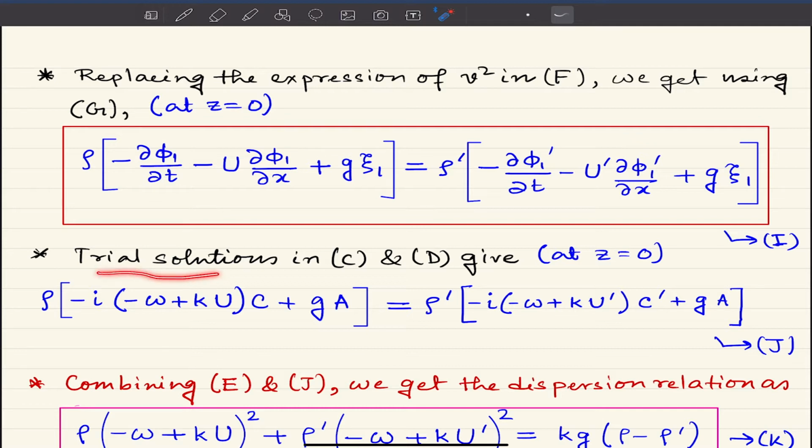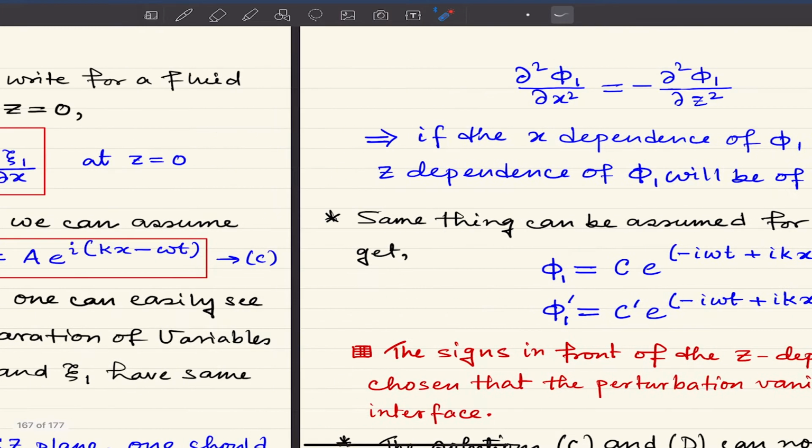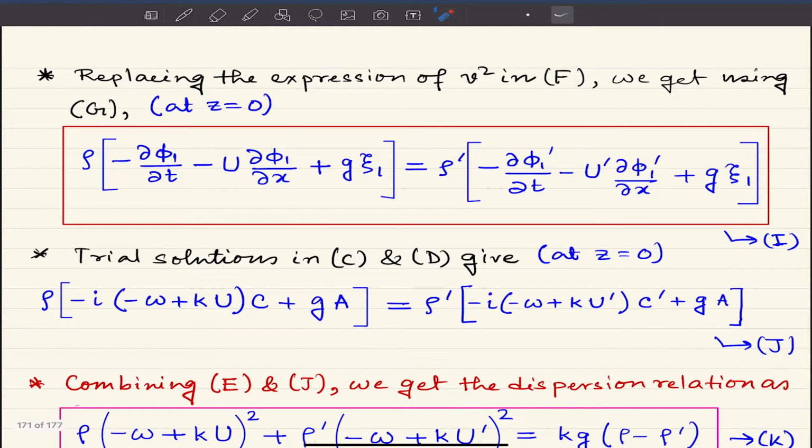Now finally, if we write the trial solutions in C and D, and replace all these solutions in our newly obtained condition due to the pressure balance at the interface, we finally get a super interesting relation like rho times minus I times minus omega plus k capital U times C plus G times capital A is equal to rho prime within bracket minus I within bracket again minus omega plus k times capital U prime times C prime plus G times capital A bracket closed.